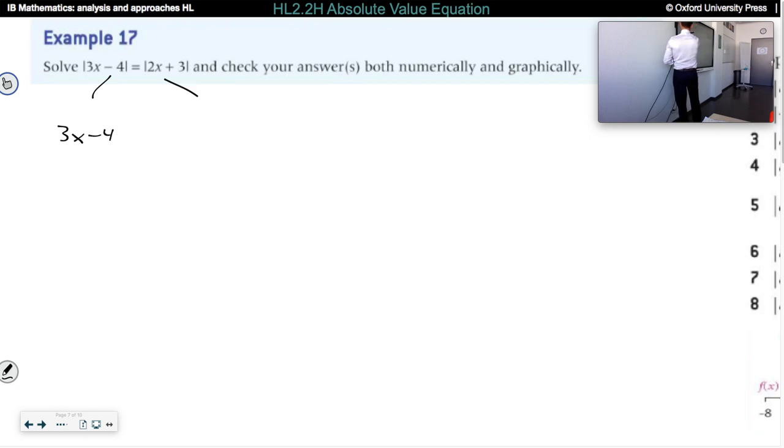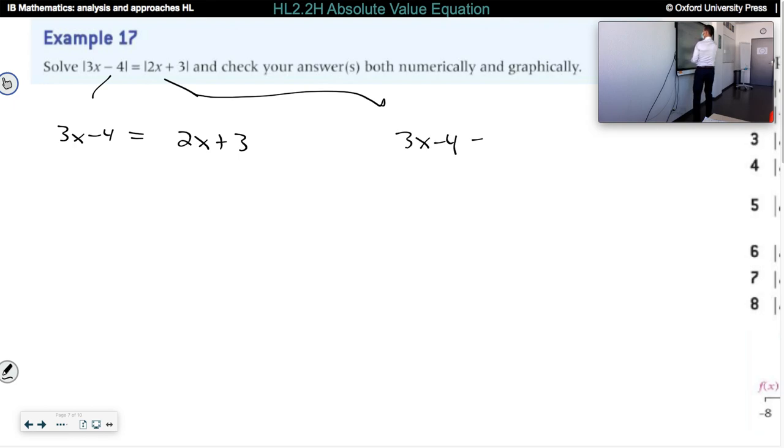3x minus 4, 2x plus 3. You'll do two sets of those. 3x minus 4, 2x plus 3. And leave one of them both positive, and the other one switch the sign on one of them. Right?